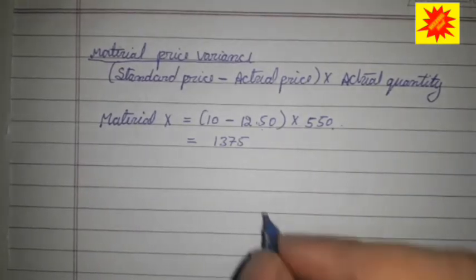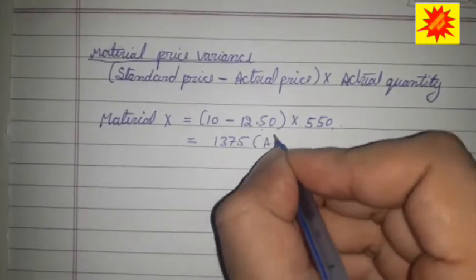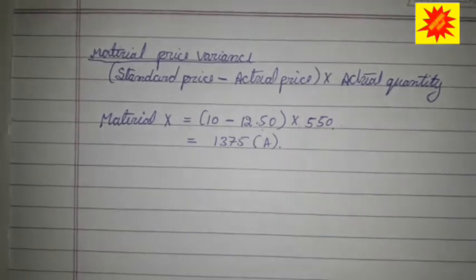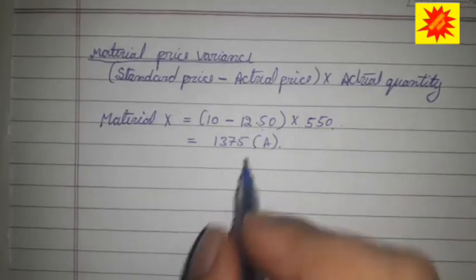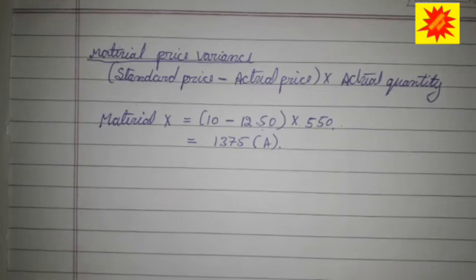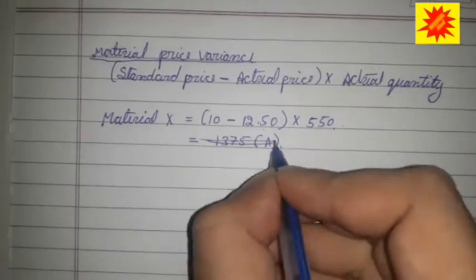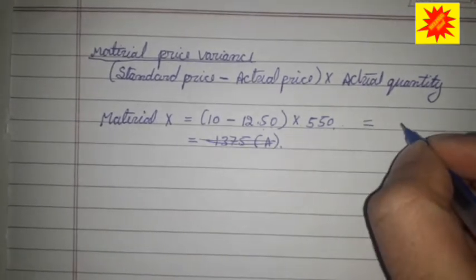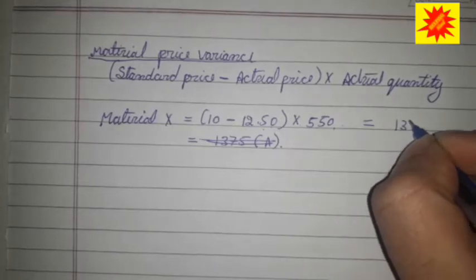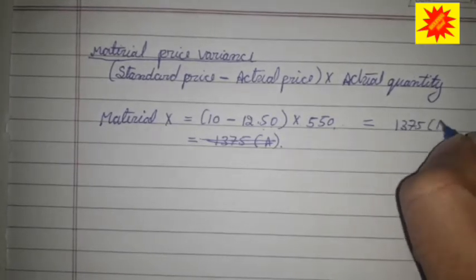So when it is negative, it is nothing but adverse, right? So this is for material X. So let us not write it here so that it will be easy to total. So 1,375 adverse.